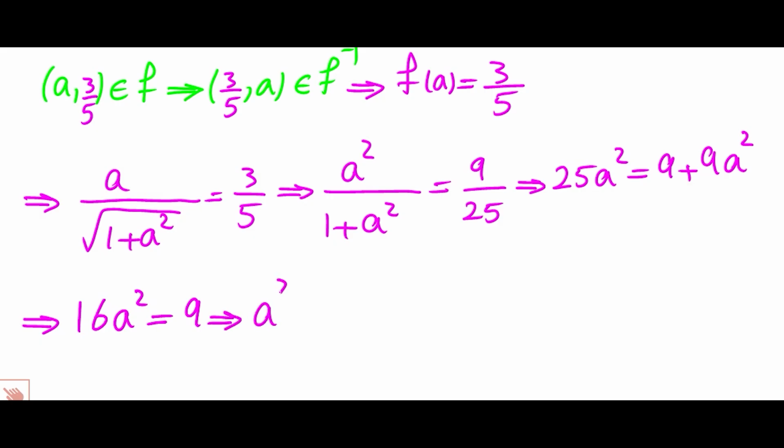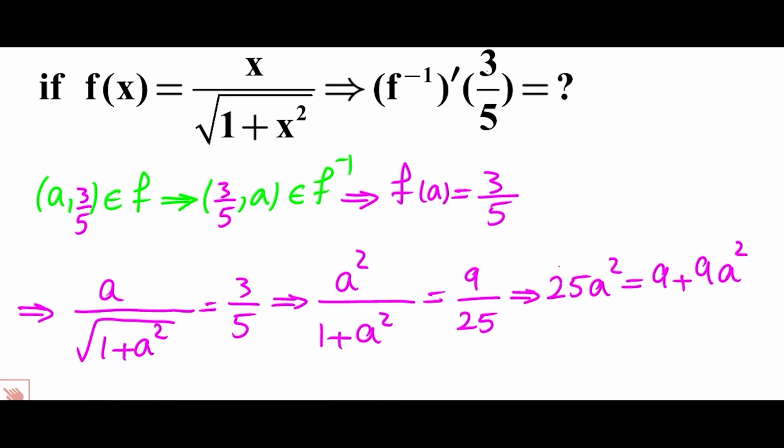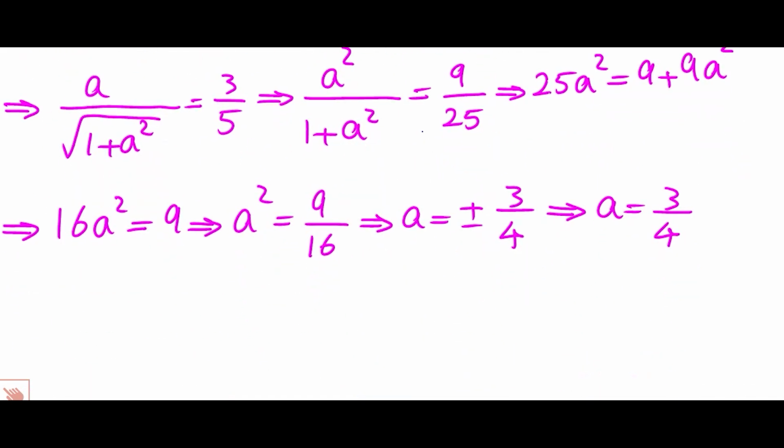So a squared is equal to 9 over 16. So a is equal to positive or negative 3 over 4. Since our result 3 over 5 is positive, we take the positive value, meaning a is equal to positive 3 over 4.